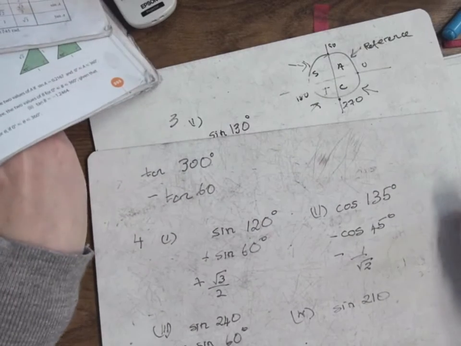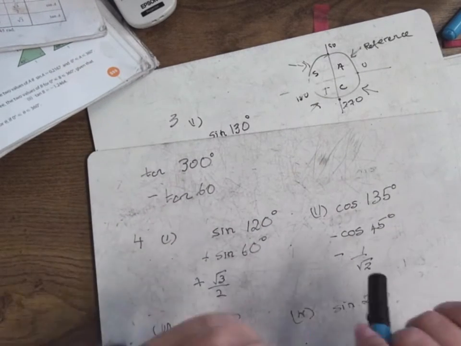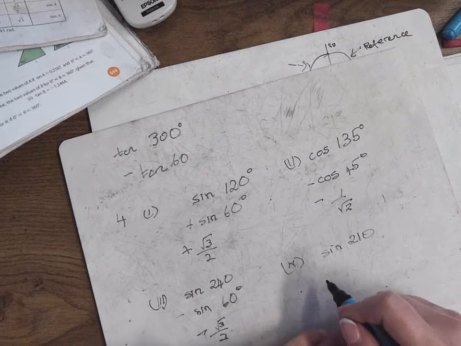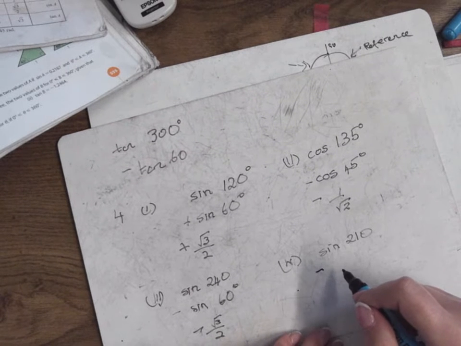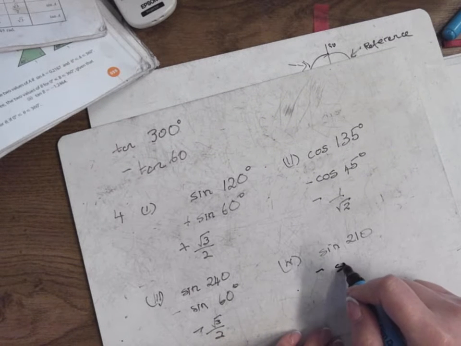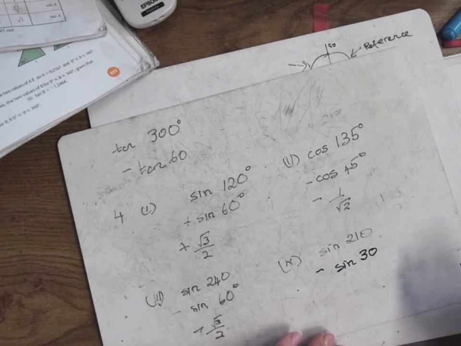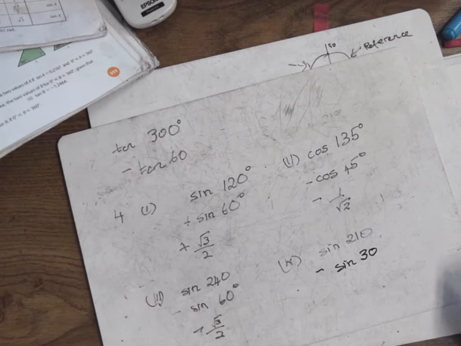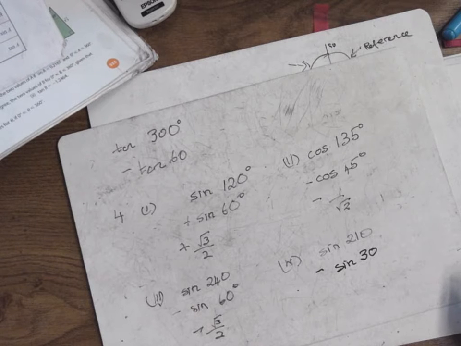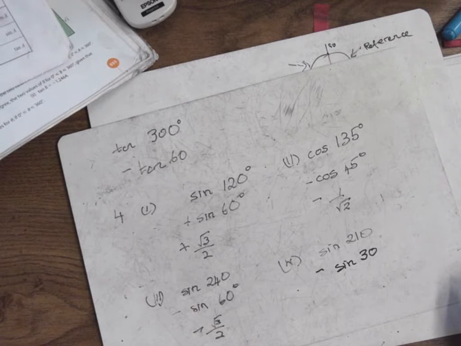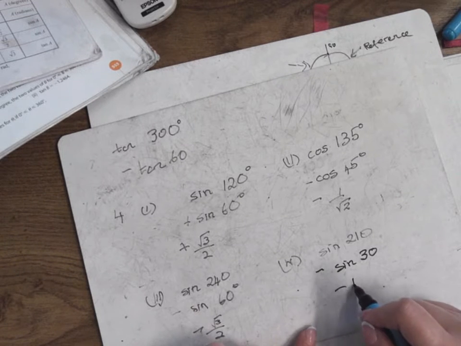Negative, right? So it's definitely going to be a minus answer, right? Okay, and what's your reference angle even? 30, isn't it? Because 210 take away 180 is 30. So on your calculator you get the sine of 30, right? Okay, and you stick a minus in front of it, so it's minus a half.